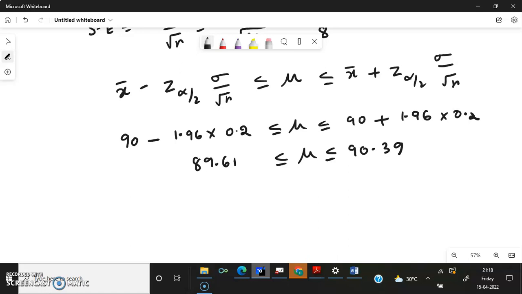Okay, so you will be getting 89.61, the interval lesser than or equal to is given now, so a closed interval, 90.39.